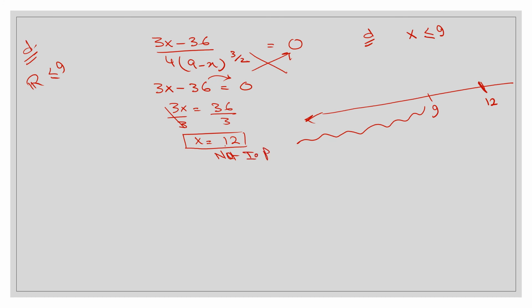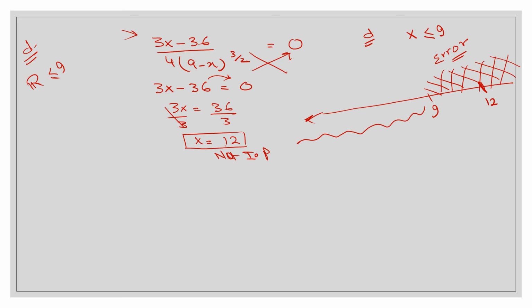And now if you choose anything greater than 9, you will get the error. Now if you want to see, just have a look. Where is my second derivative? This is my second derivative. Take any number above 12, for example 13 or anything, write it in place of x and check what you get. You will get the error.